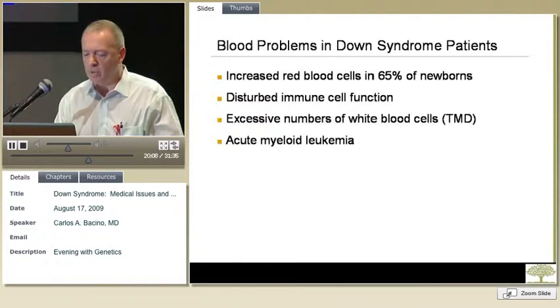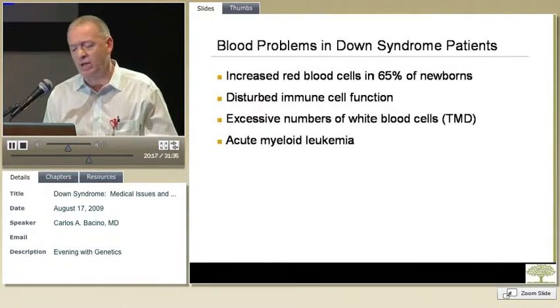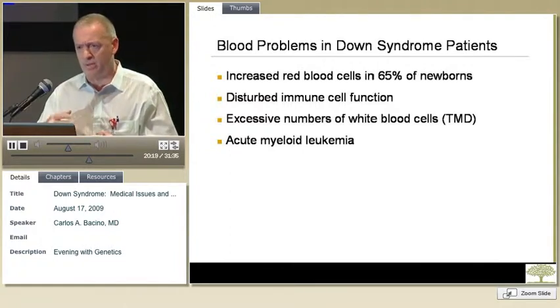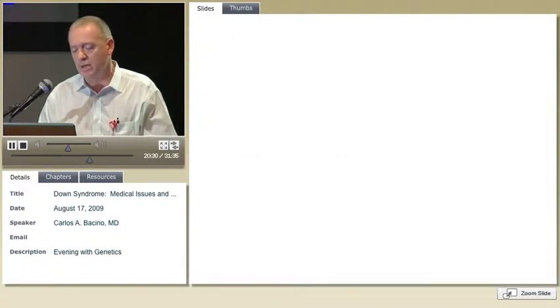What we also know is that there is a problem with the immune cells and the immune functions, and that is associated with some abnormalities in the T cells and the B cells that are present in Down syndrome individuals.